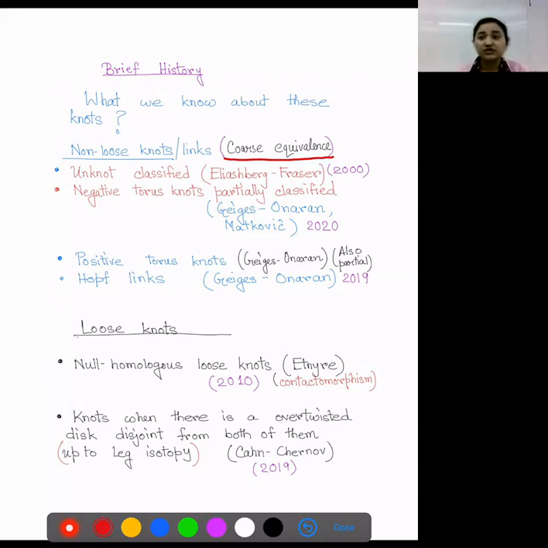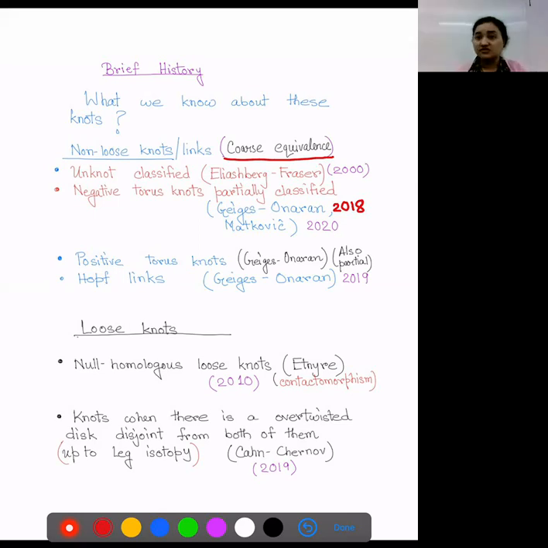This is a partial classification. And this result by Geiges-Onaran was in 2018. Positive torus knots, again by Geiges-Onaran, and this is also partial. And this is also in 2018, in the same paper. Next is Hopf link. This was also by Geiges-Onaran, and this is in 2020. So as you can see, all these classifications of torus knots and the Hopf link are pretty recent.